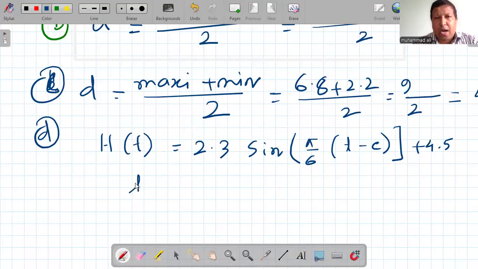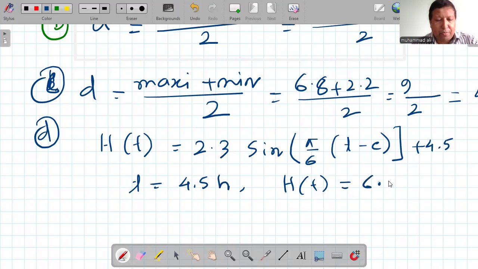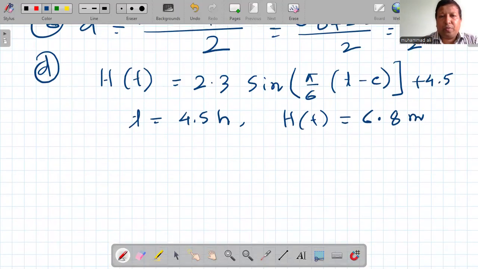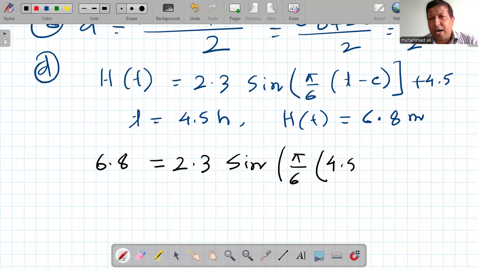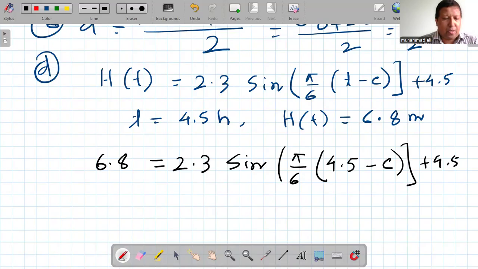Here, time is 4.5 hours, then the high tide h(t) equals 6.8 meters. Now we put in all these values, so we get 6.8 equals 2.3 sin(pi by 6 (4.5 − c)) plus 4.5.